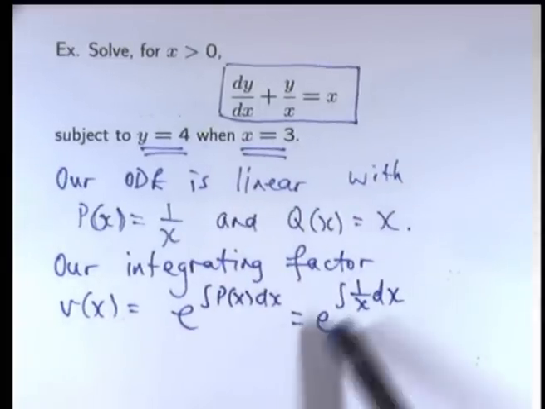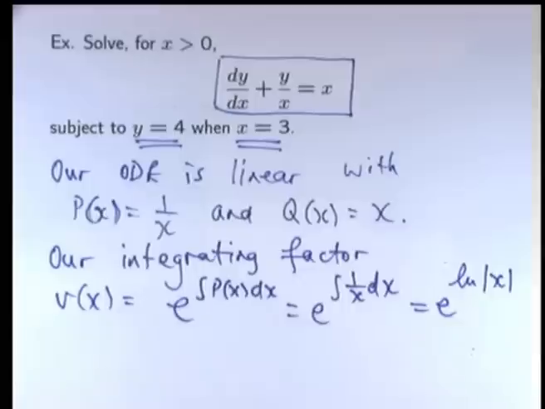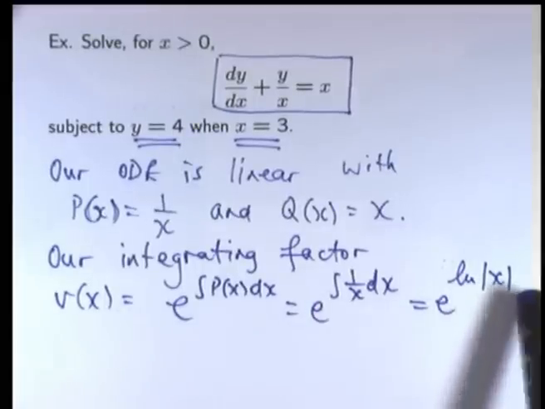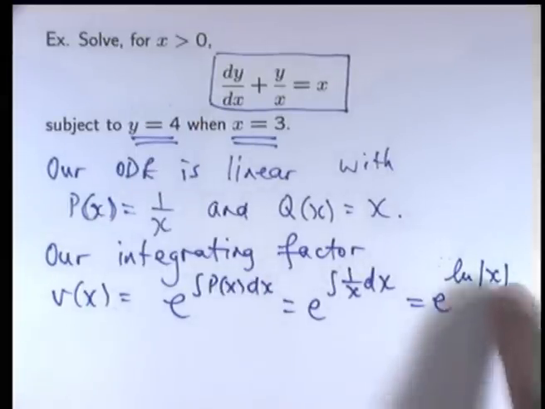So we're going to have e to the log absolute x. Now, you can put a constant of integration in there if you want to, but it's not necessary. Okay, if you did put a constant of integration in there and follow everything through, then actually the constant will cancel out later on. But it's not necessary there.